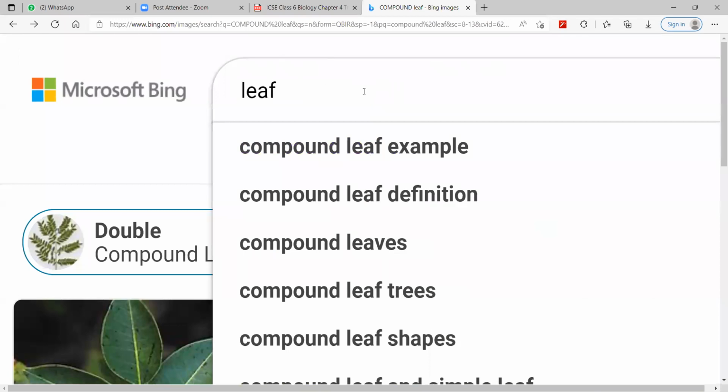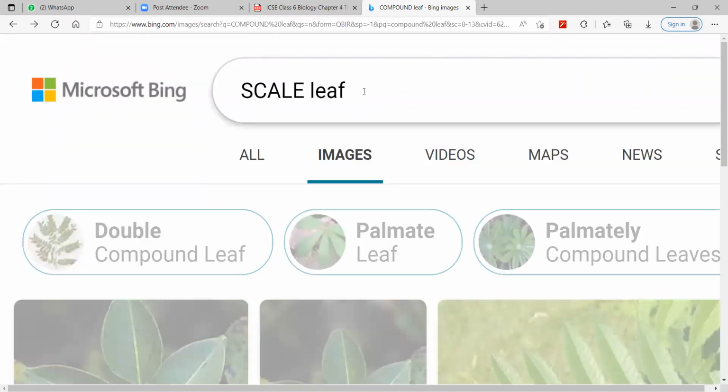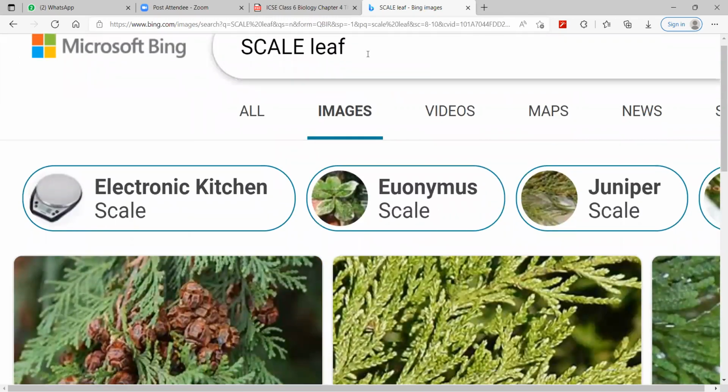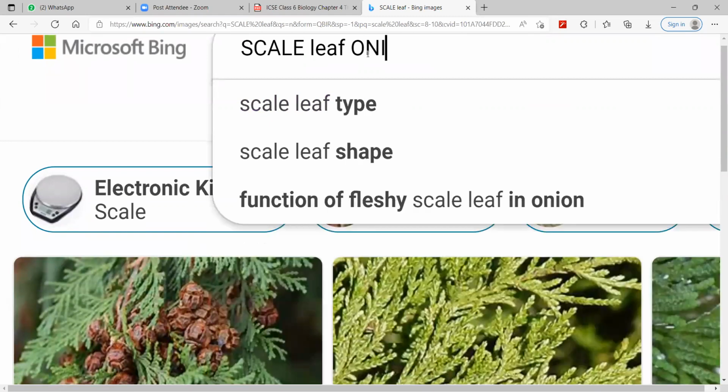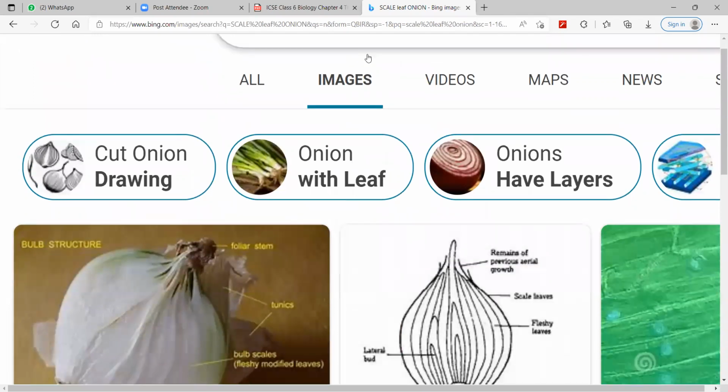Onion. Yes, this one. This one is a picture of a scale leaf.